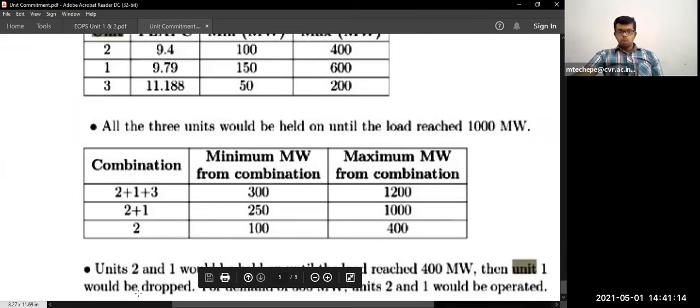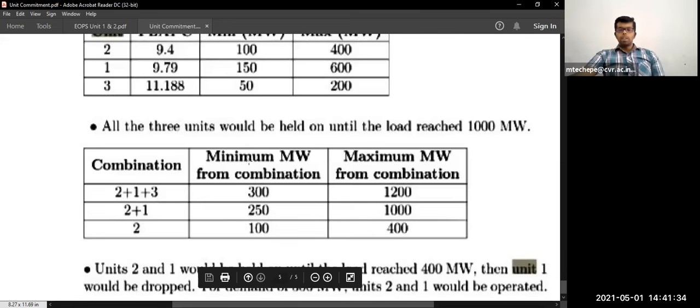Then unit 1 would be dropped. Next, for 400 megawatt, unit 2 and 1 would be operating.